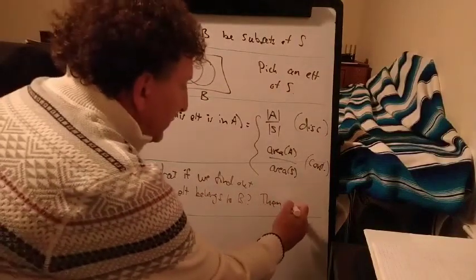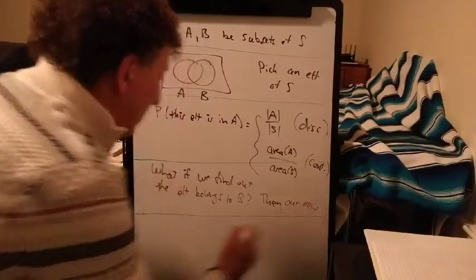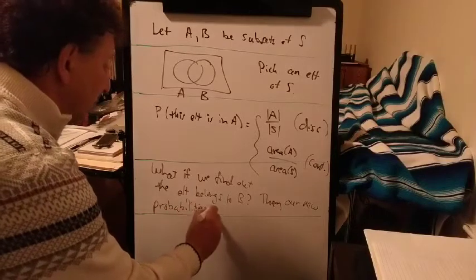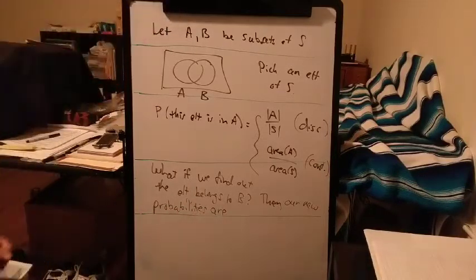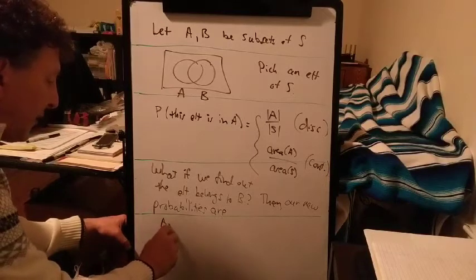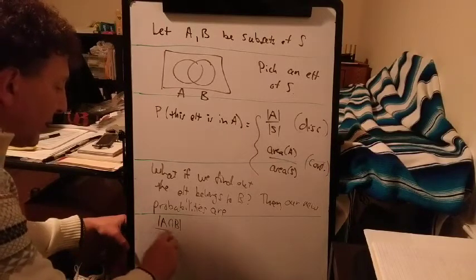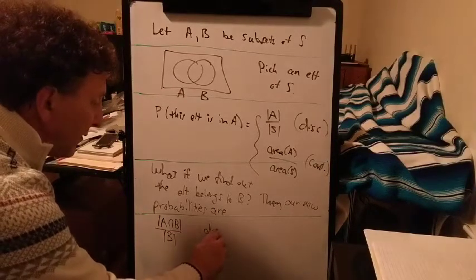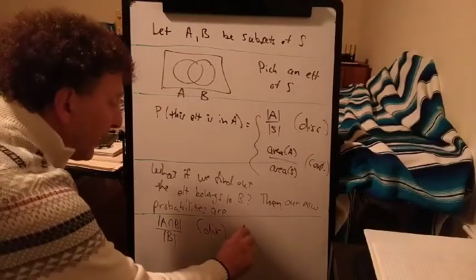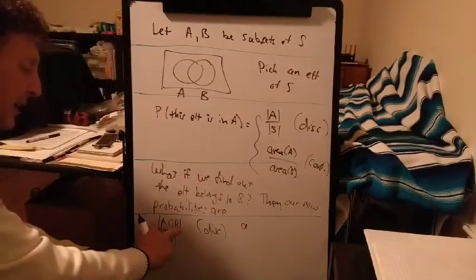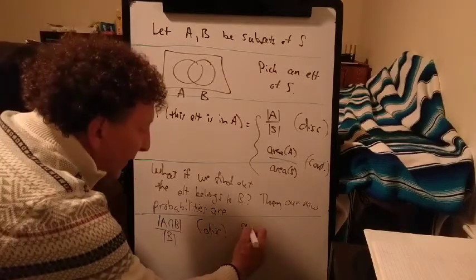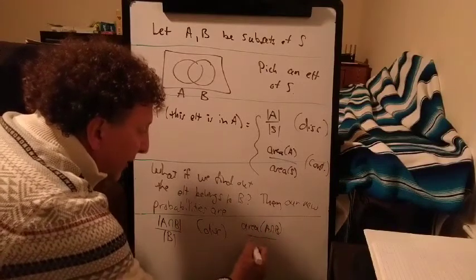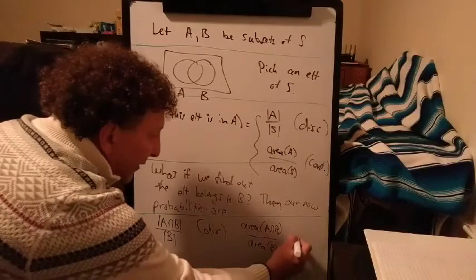So our new probabilities are number of elements in A intersect B over number of elements in B. That's our discrete model. Or area of A intersect B over area of B. It's our continuous model.